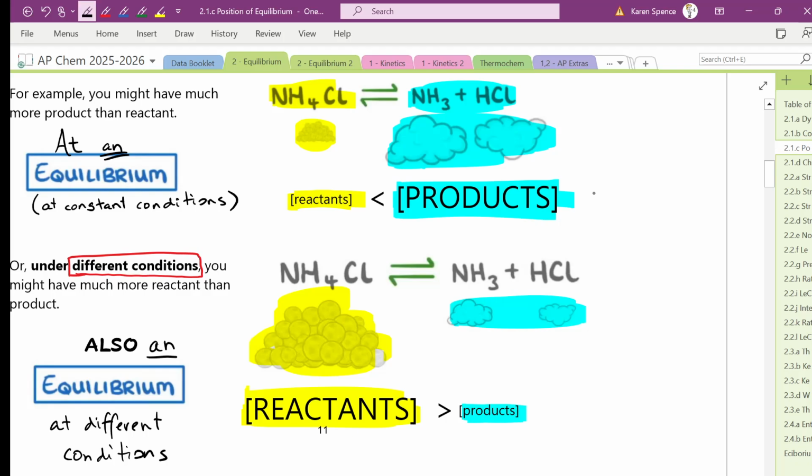What we say is if we have more products than reactants, if the concentration of products is greater than the concentration of reactants, we can say two things. We can say the products are favored.